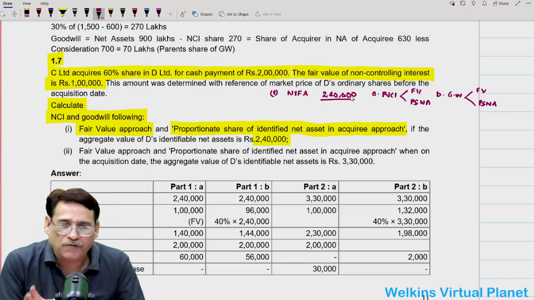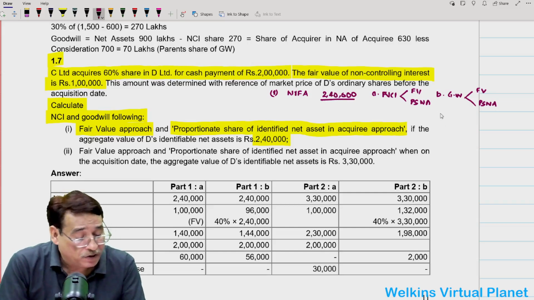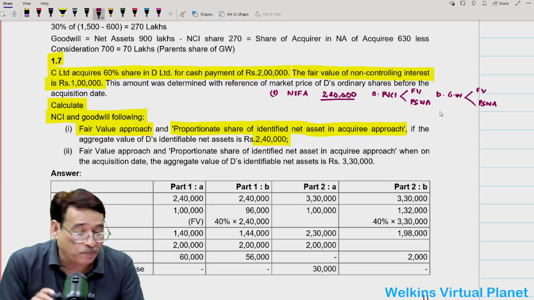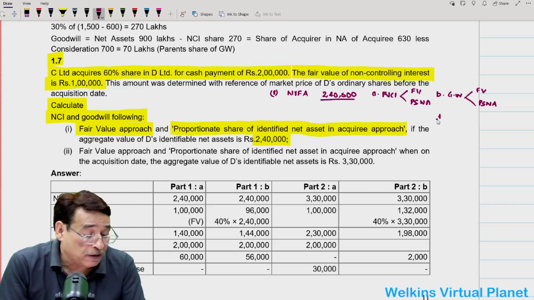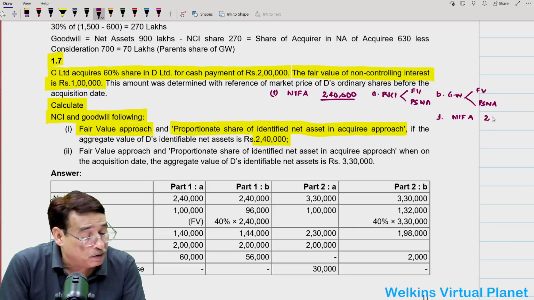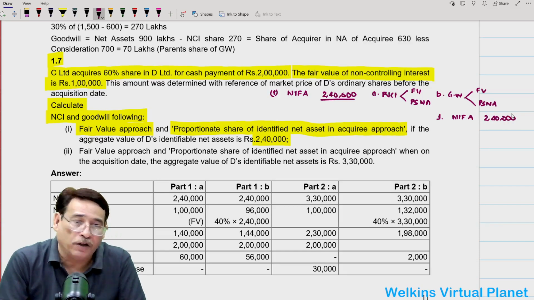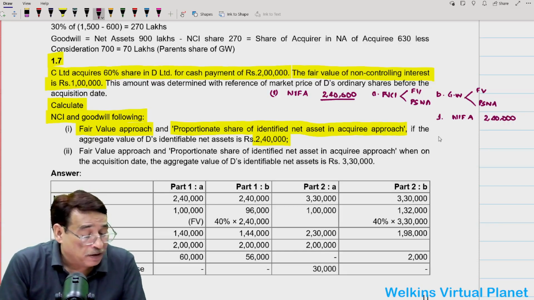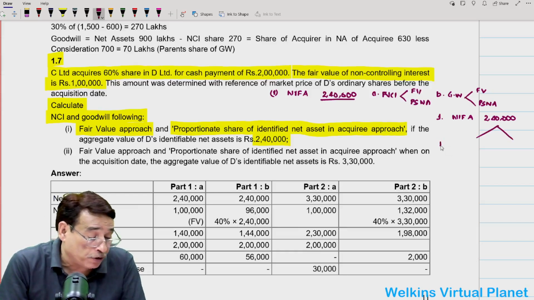Now suppose, just for the sake of understanding, I'm going to solve only the first part. Remember one thing. In the first part, NIFA is equal to 2,40,000. Correct? Suppose I compute NCI on proportionate share of net assets basis, NCI on PSNA basis.